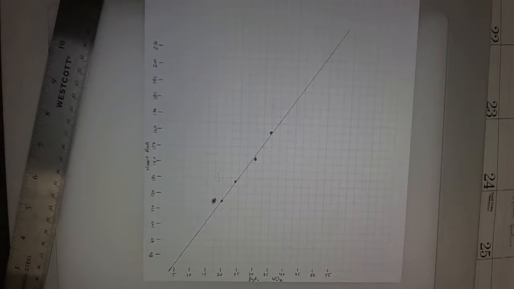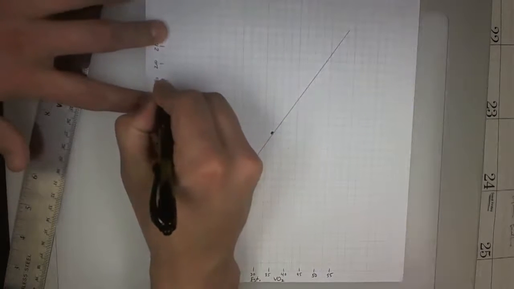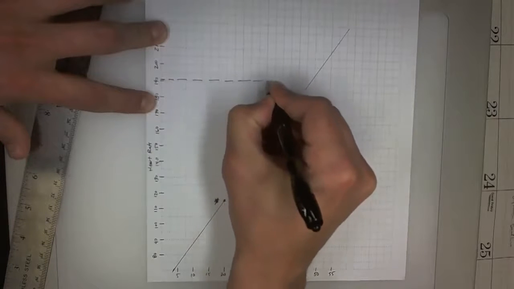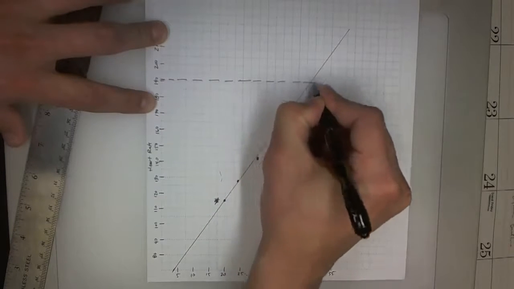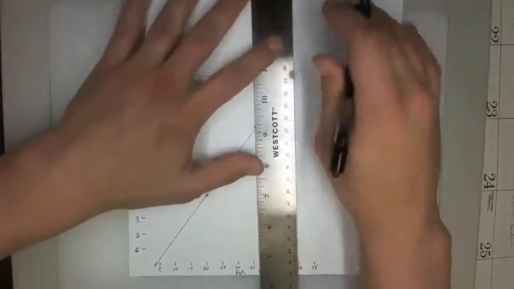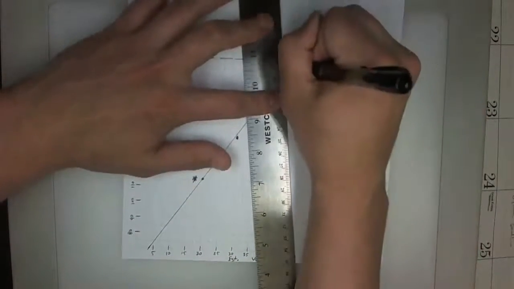All right, if we go back to estimating our maximum oxygen consumption, again, under the assumption that we reach VO2 max at our age predicted heart rate max. Our age predicted heart rate max, 191. So we can draw a dashed line at about 191. And we'll draw where this intersection point is.